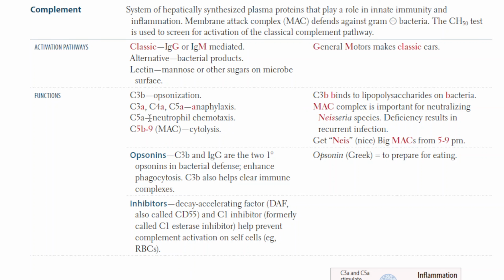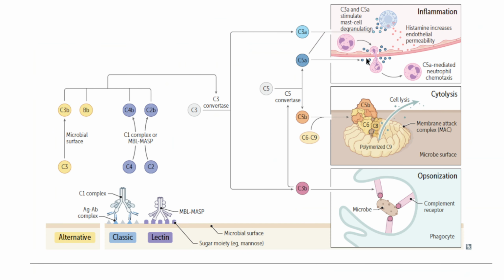C5a by itself is neutrophil chemotaxis, and C5b to C9 is going to be the MAC complex, and it's going to do cytolysis. It's the same thing we can see here in those different squares. And remember, the common pathway is C3, as we read in the question before.